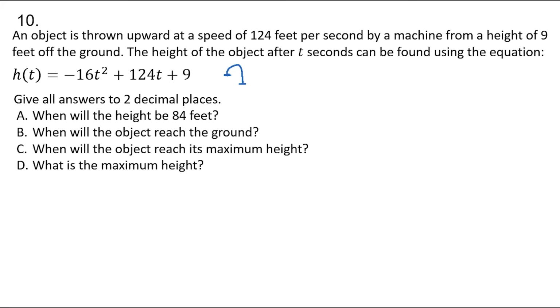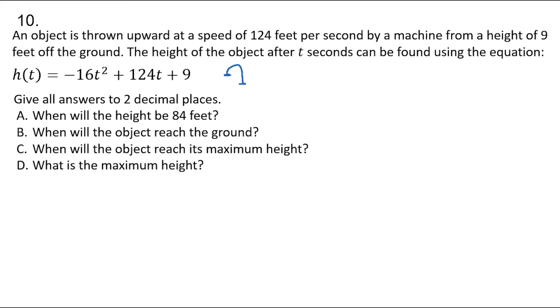So let's go ahead and take a look at the first problem, problem A, to see what it is that they want. Before we answer this question, make sure that you take note of the instructions that we need to give all our answers to 2 decimal places. So for A, it says, when will the height be 84 feet?